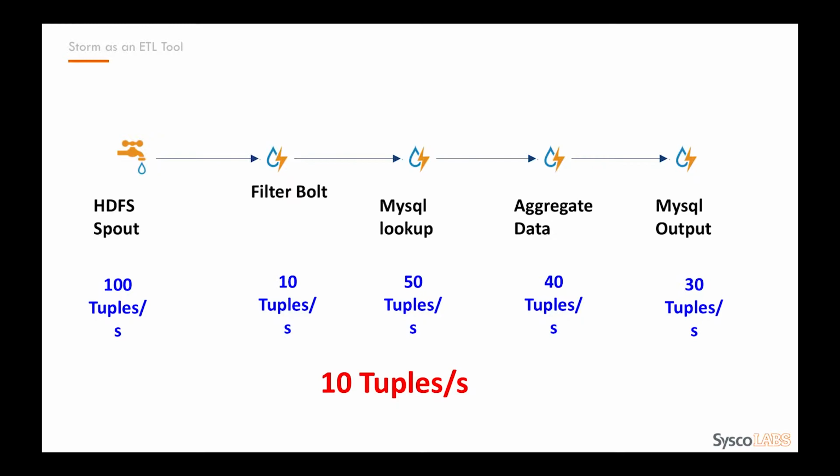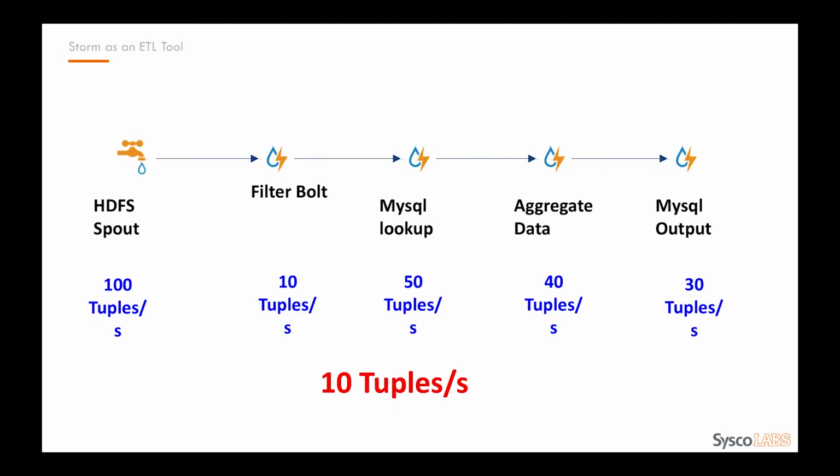But the good thing about Storm is you can add more workers to a given step. So say if there's a slower step, you can always increase the number of workers actually working on that step. Storm will make sure it distributes this work among the cluster, and we don't have to worry about that.